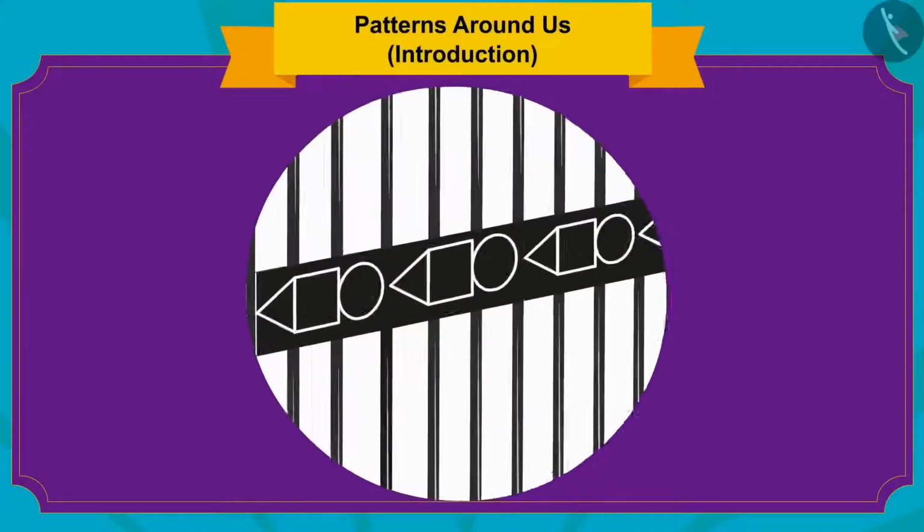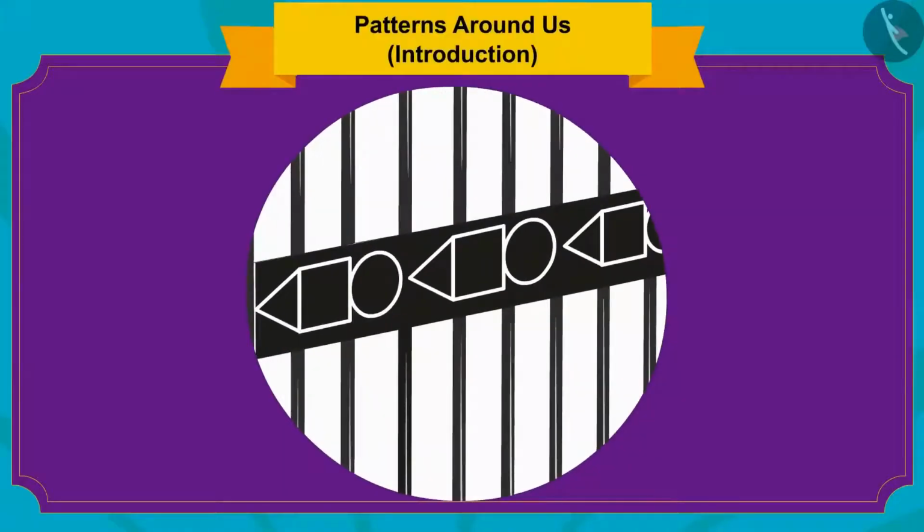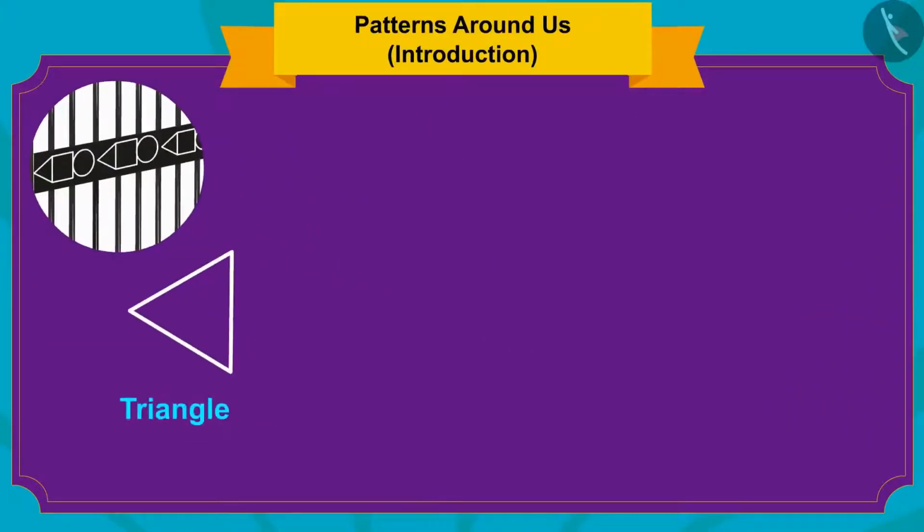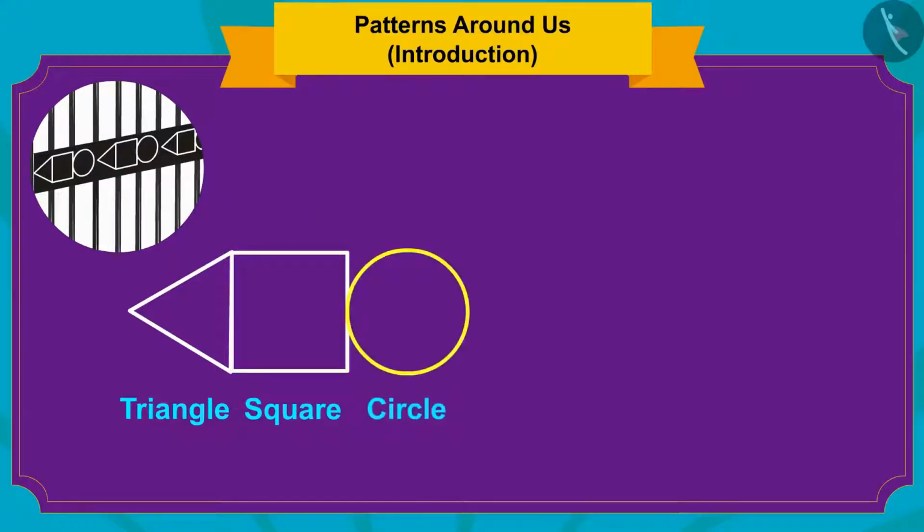If we look at the gate carefully, we will find that here a triangle is formed first. Then after that, one square is formed. And finally, a circle shape is formed.